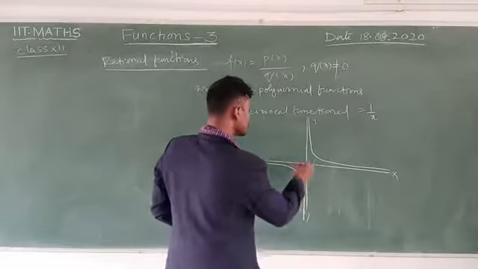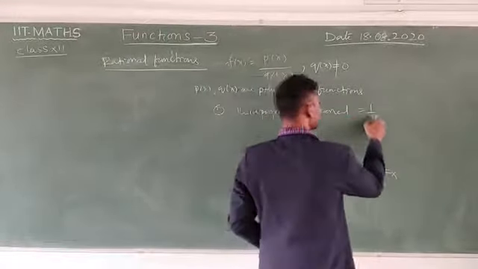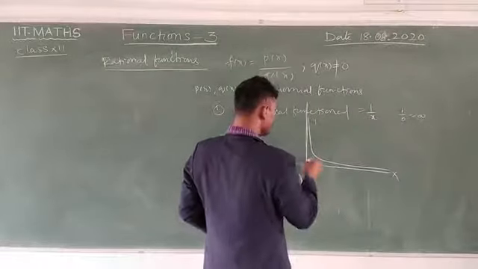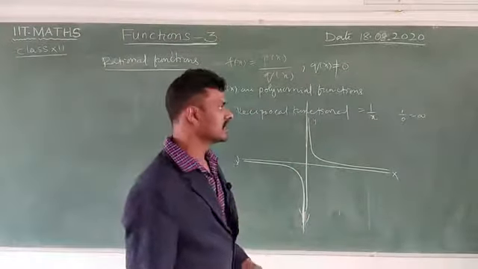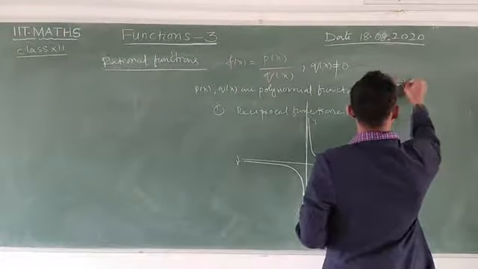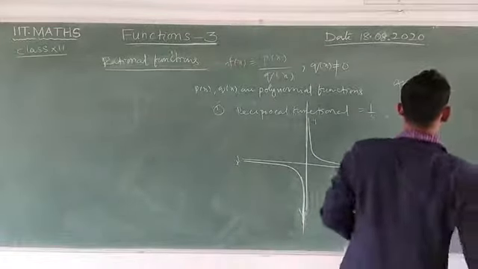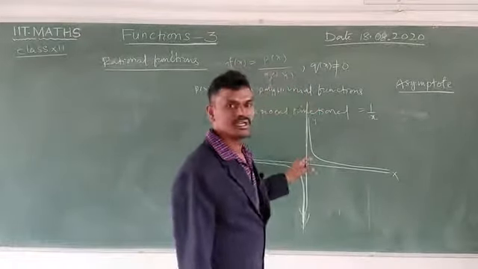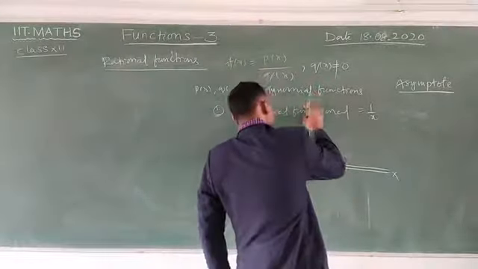See here, this is a vertical line, and it intersects this curve at infinite distance. Suppose x is equal to 0, then 1 by 0 is equal to infinite. If it intersects at an infinite distance, that is called the asymptote. Asymptote, A-S-Y-M-P-T-O-T-E, means a straight line which touches the curve at infinite distance.